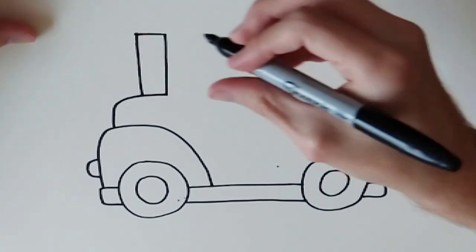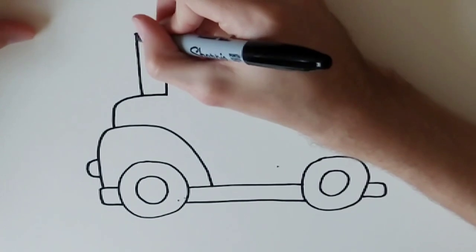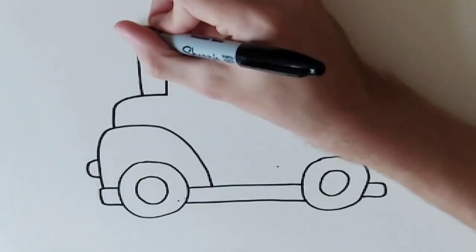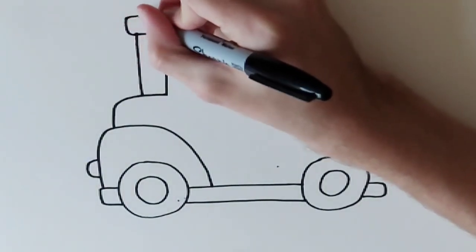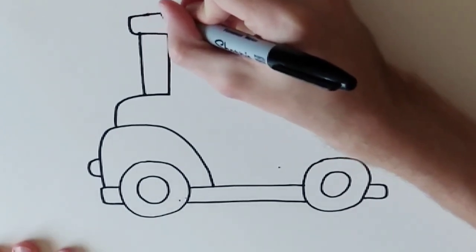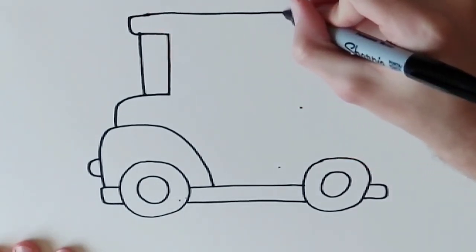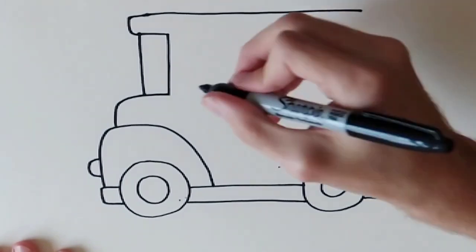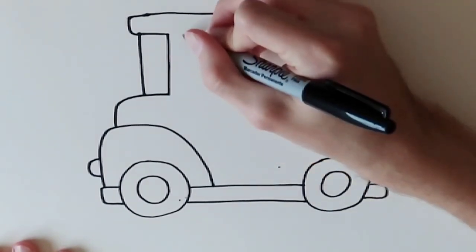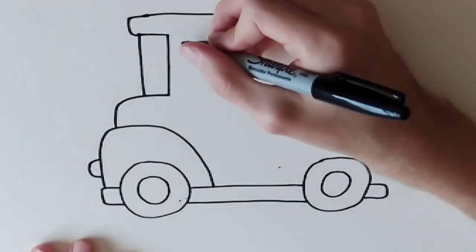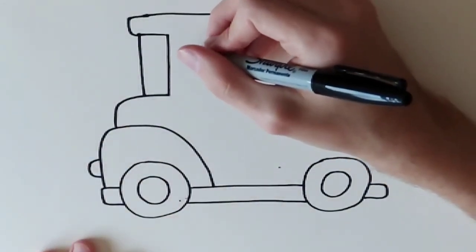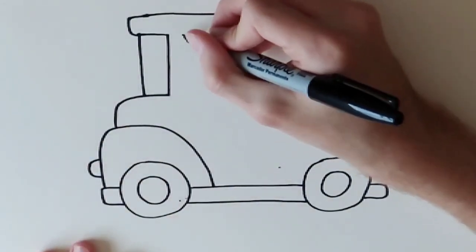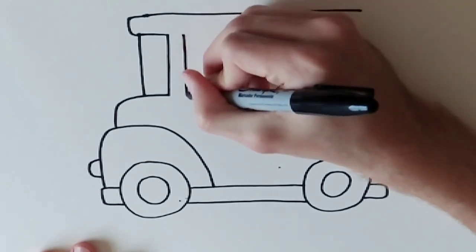Next step, you can draw a line here. Okay. I will draw a windows school bus like this.